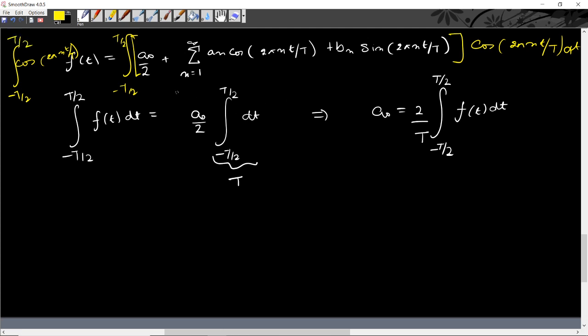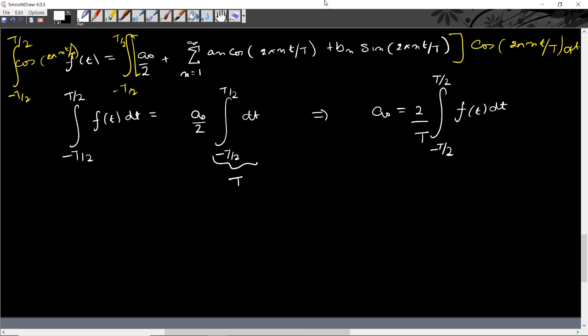When I do this integration, we'll see that only that integral remains where I have the product of two cosine functions with the same frequency, that is for the same value of n.